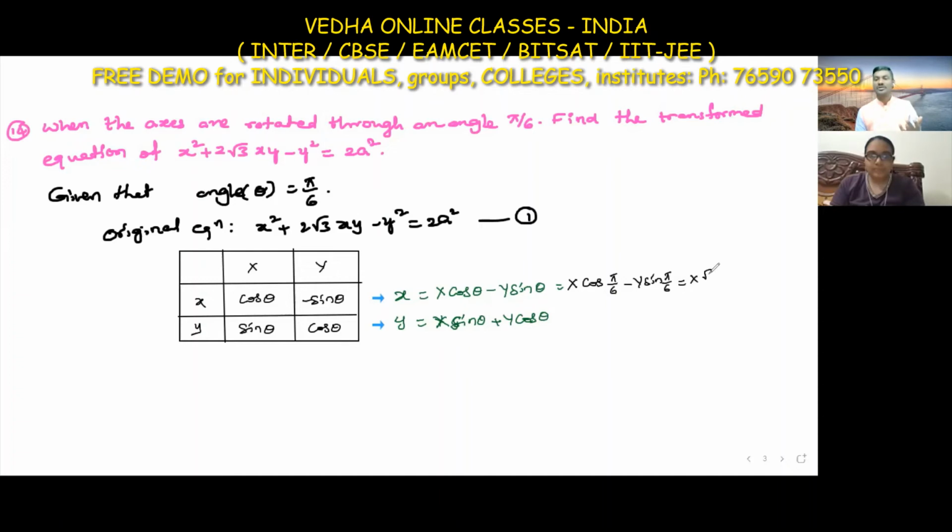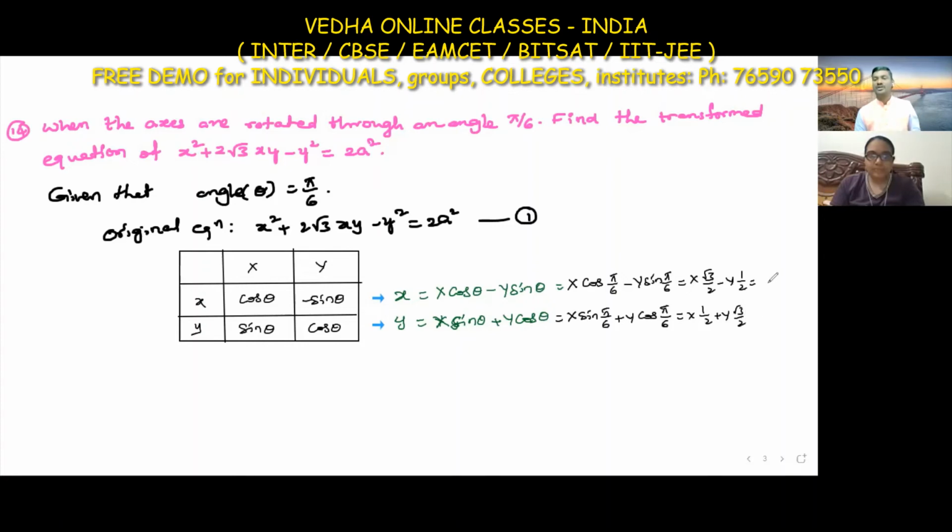Sin pi by 6 is sin 30, which is 1 by 2. Similarly, small y is capital X into sin 30, which is 1 by 2, plus capital Y into cos 30, that is root 3 by 2.